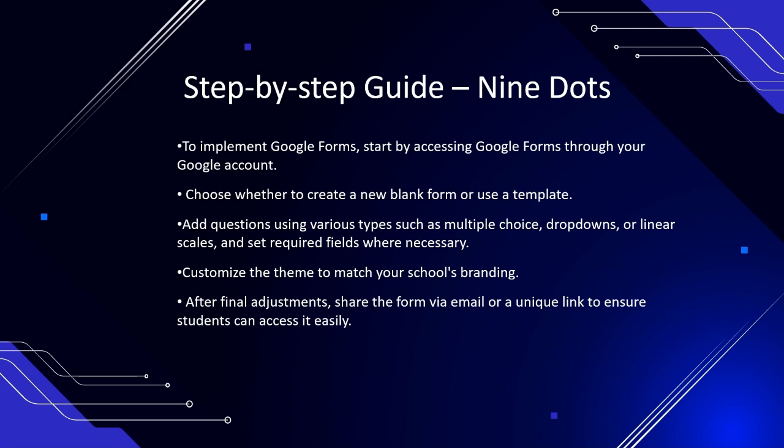As I have told earlier, we have multiple types of questions, that is multiple choice, drop downs, or linear scales. Linear scales come with numbers and text, whatever is required. You can also customize the theme of the form as per your choice or your school branding. After the final adjustments, you just have to share the link, or you can also collect the information via email.